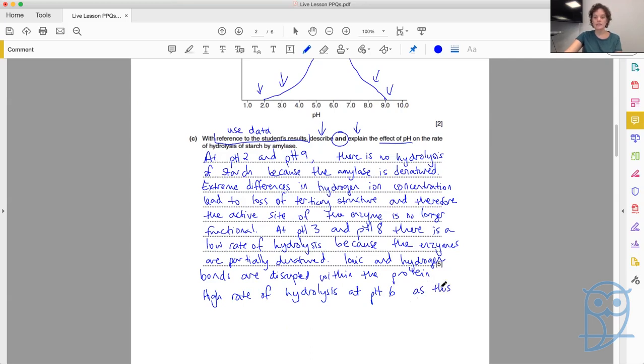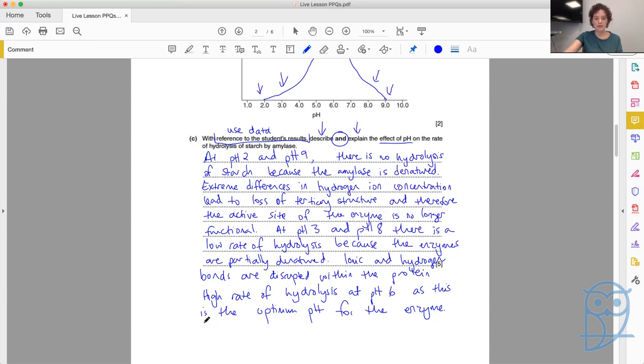As this is the optimum pH for the enzyme. So here, okay, we've talked about active site being the wrong shape. So here active site is the right shape. And if your active site is the right shape, you get lots of successful enzyme substrate complexes forming.